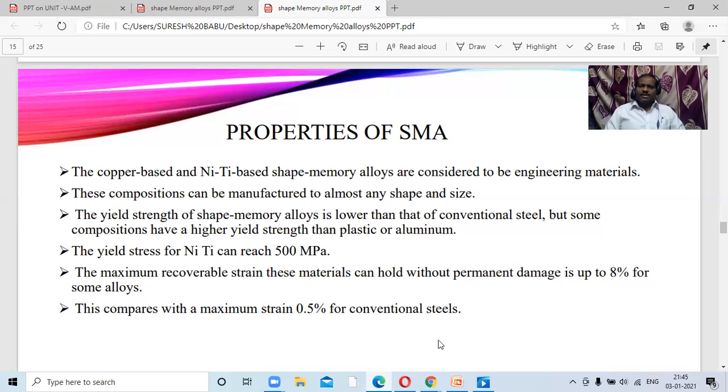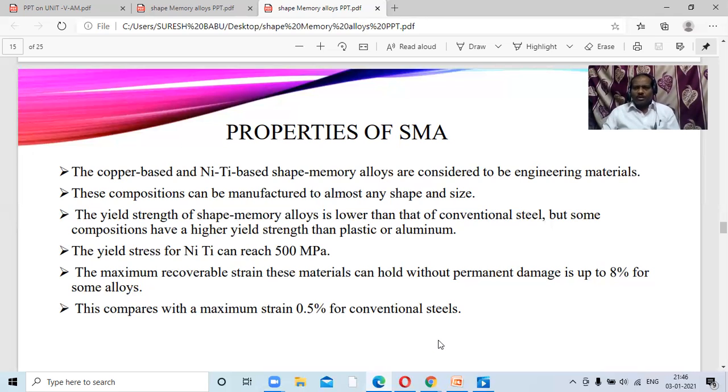That means strain of 8% is possible. That means in 1 meter length, we can have 1.08 meters without failure of the material. And once again, if you remove that load, it will come back to 1 meter. So the extension under load for a shape memory alloy is possible up to 8%. If you observe, steel only has 0.5%.